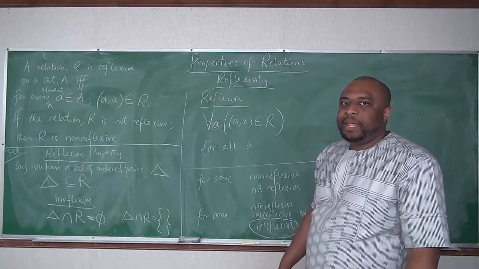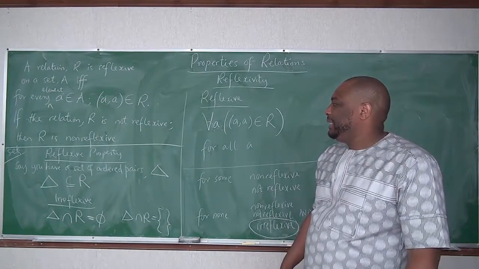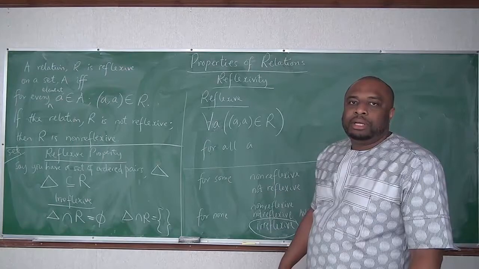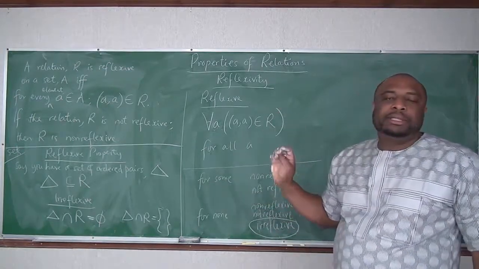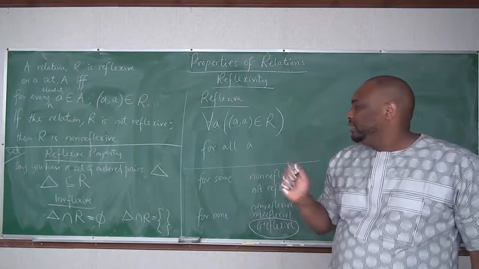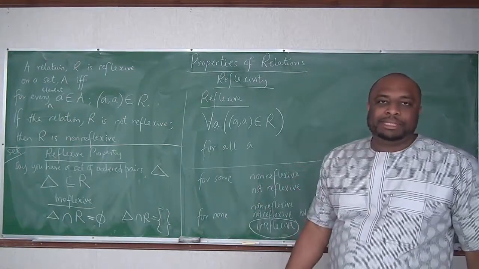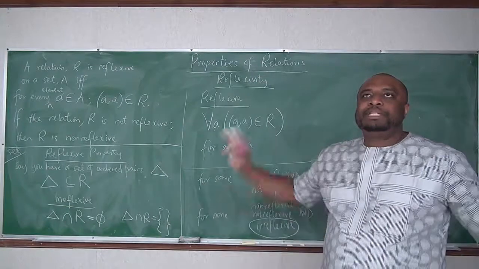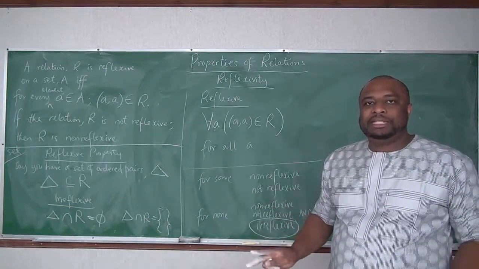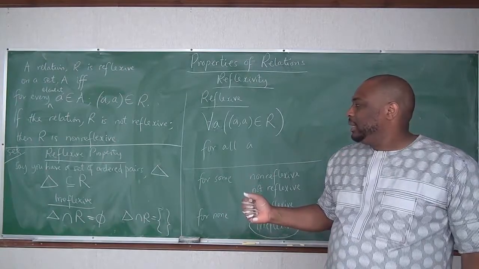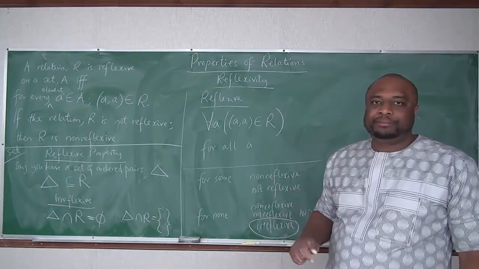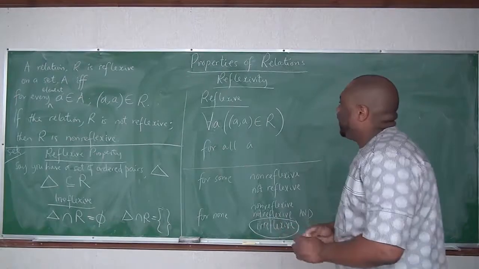Then if the intersection of delta and the relation is a null set or empty set, which means those two sets are disjoint, then it is irreflexive.